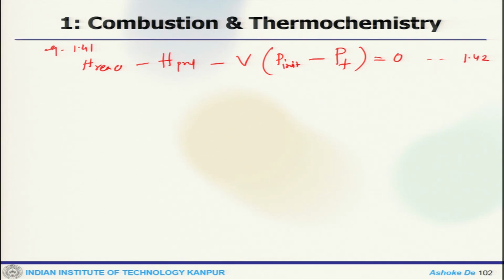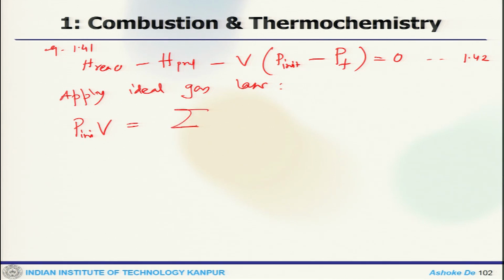Now, if you apply the ideal gas law here, P initial times volume is the summation over all the reactants of Ni Ru T init, which is N reactant Ru T init.